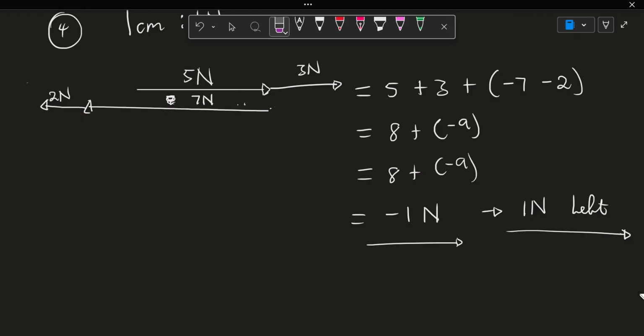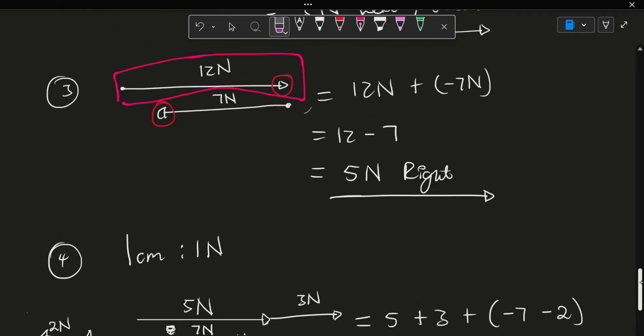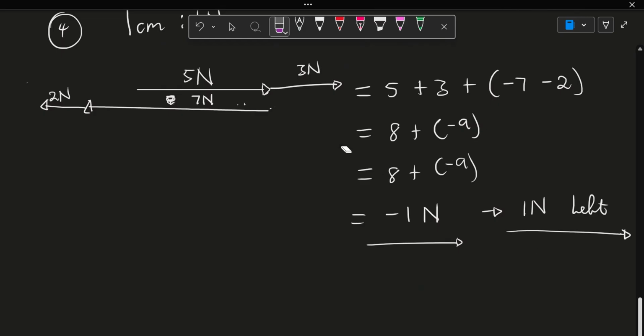Before I conclude, just look at naming vectors. It's not that it's necessary, but we could say this was force 1, and this would be force 2, this would be force 3, and this would be force 4.